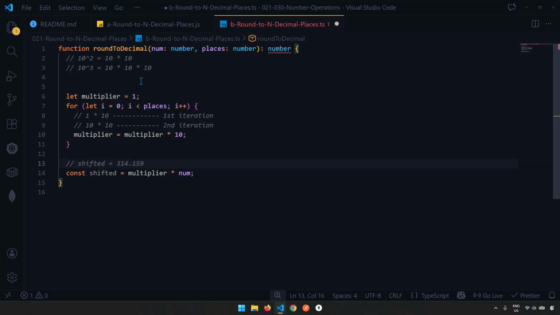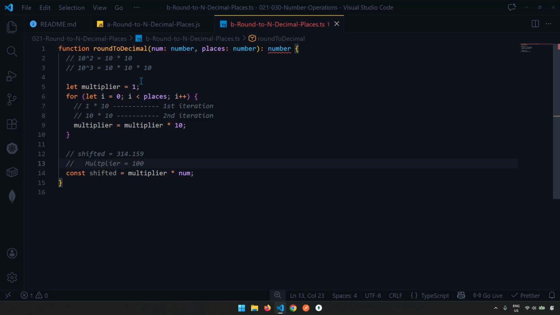Let me just put it there. And we need to keep in mind that multiplier is 100 here, right? Now that I have this shifted, I need to round it up, right? How do I round this up? That's the more difficult part of this solution.